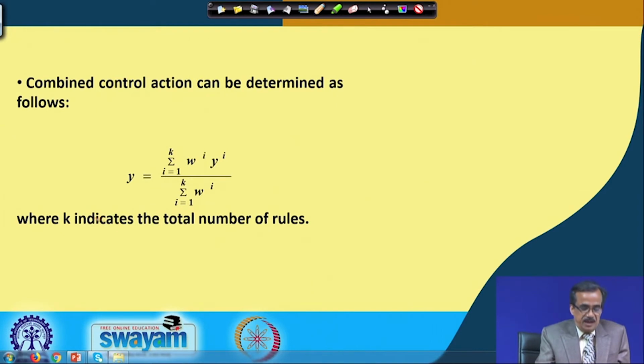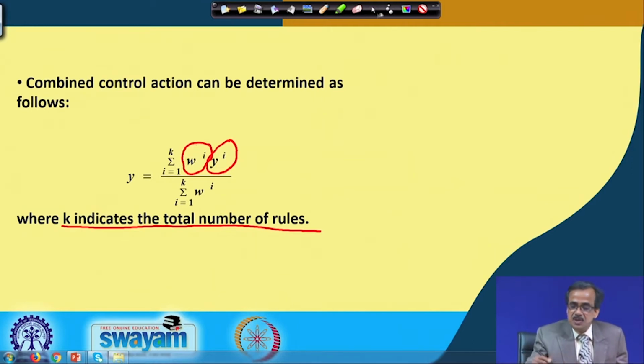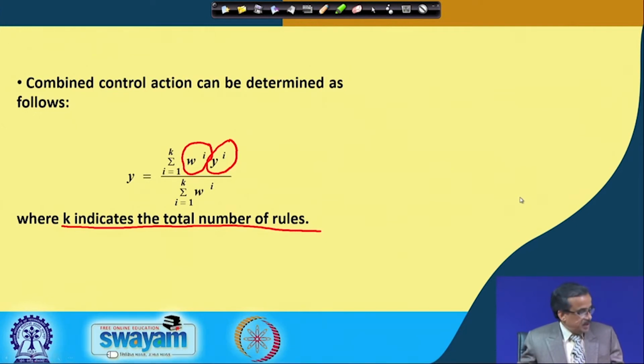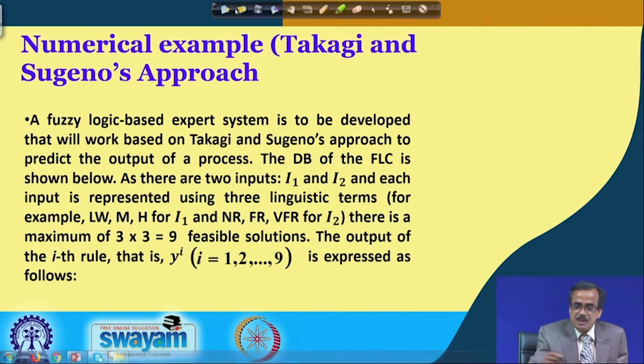Here k indicates the number of the fired rules, and what is y i? y i is nothing but the output corresponding to the ith rule, and this w i is nothing but the weight. Now, how to determine this particular output, which is a function of the input parameters? That I am going to discuss after some time.